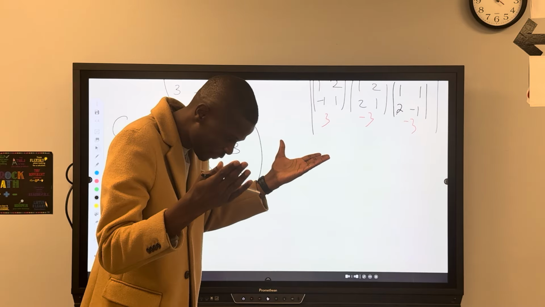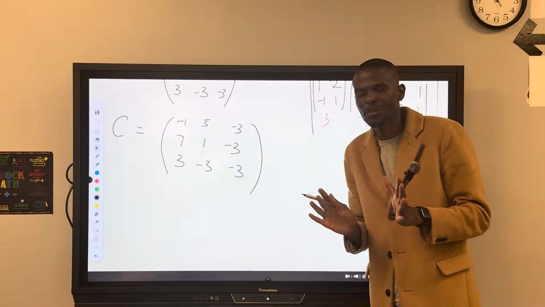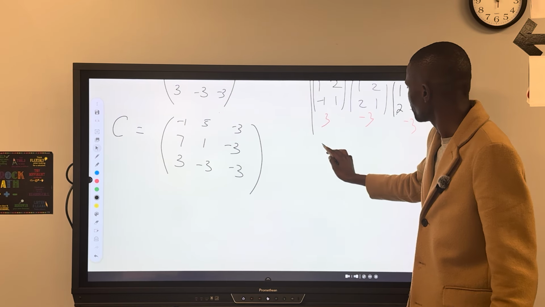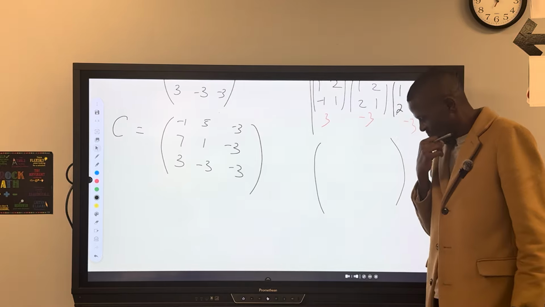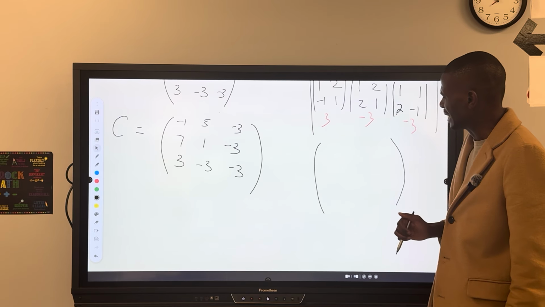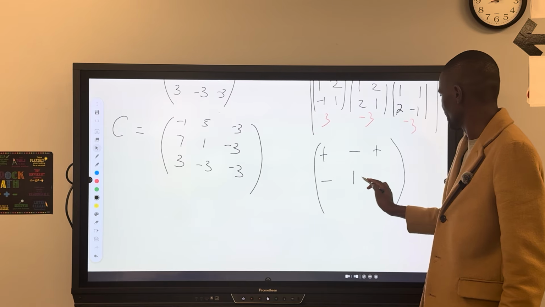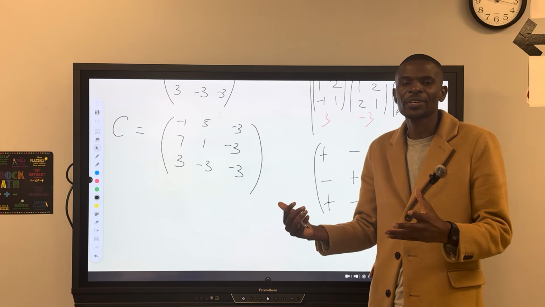Some of us are good at memorizing, but I'm not good at memorizing. So I want to explain how we can get the matrix pattern here. It's going to be plus, negative, plus, negative, plus, negative, plus, negative, plus. But you need to understand what's going on.